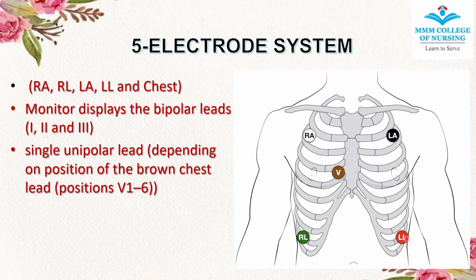So this 5 electrode system gives superior identification of ischemia as well as arrhythmias compared to the 3 electrode system. Here we can monitor lead 1, lead 2, lead 3, and along with that we can also record the precordial leads V1 to V6.